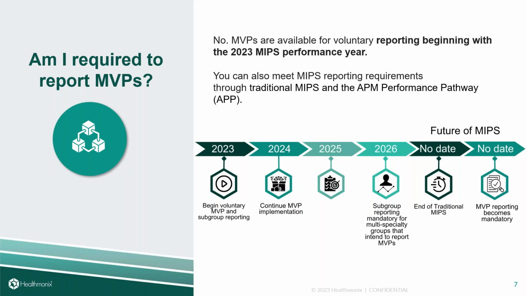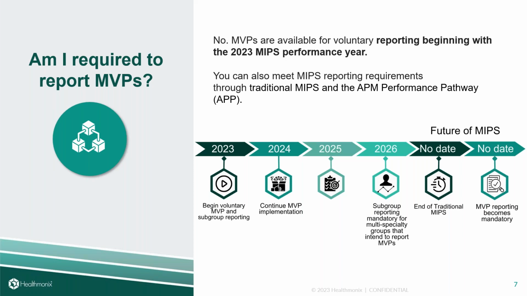You have any insight into that, Lauren? Well, I was going to say beyond that, it's not only that they're going to be moving multi-specialty groups into MVPs, but it sounds like they're going to start requiring, in particular, multi-specialty groups to break off into subgroups and have different specialties within those groups report measures and activities that are relevant to that particular specialty.